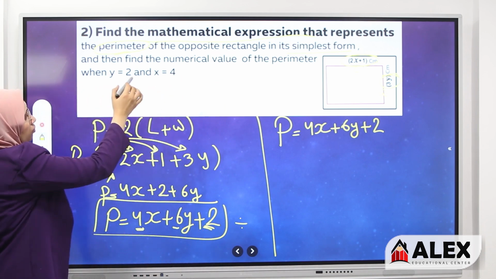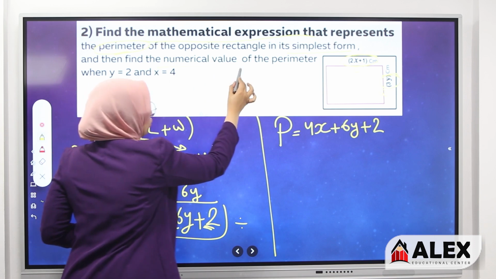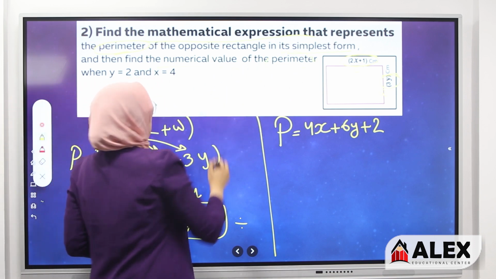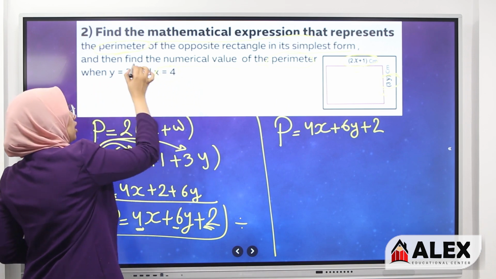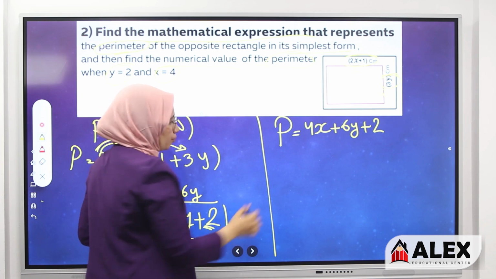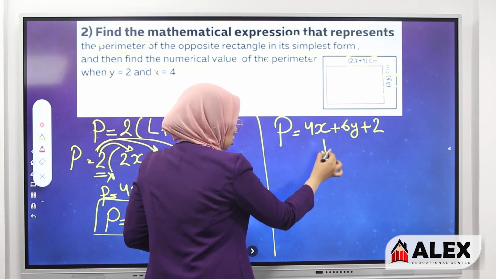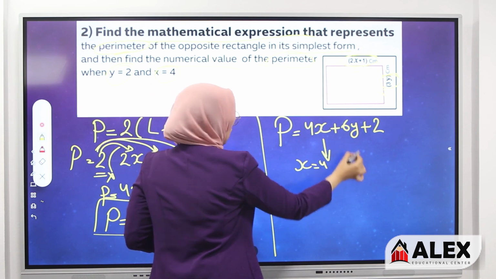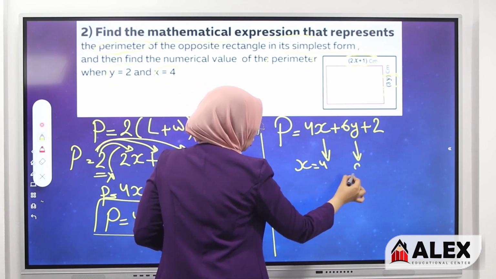The second problem, we need to find the numerical value of the perimeter. The value of x equals 4 and the value of y equals 2. Then we put x equals 4 and y equals 2.